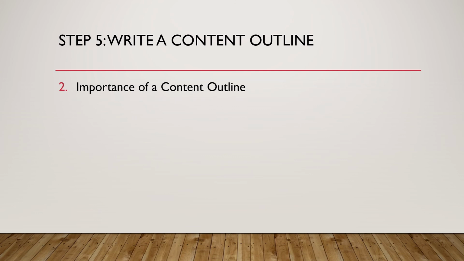Now, what's the importance of a content outline? I'm glad you asked. First of all, it helps the exegete reproduce the ideas of the passage. So we want to summarize and capture the ideas of the passage in a way that is helpful to organize it. And this is what the content outline will do.